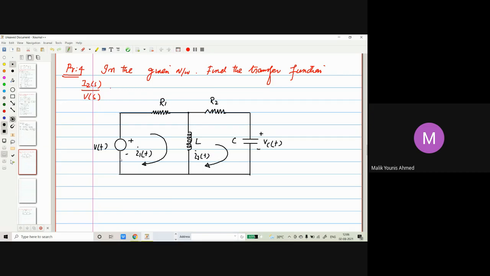So division of these, you have to find the transfer function. Let's see now. In the given network, we will find the transfer function, but let us change the given network into the Laplace transform. We'll copy this.